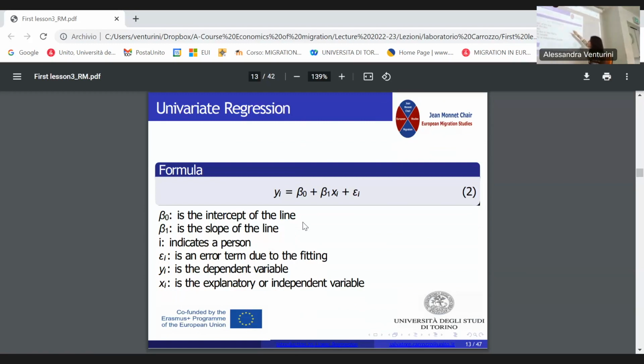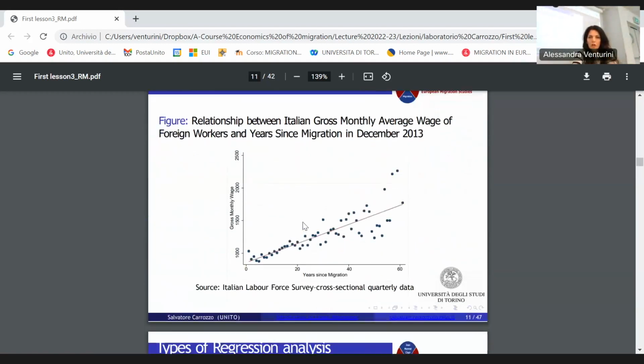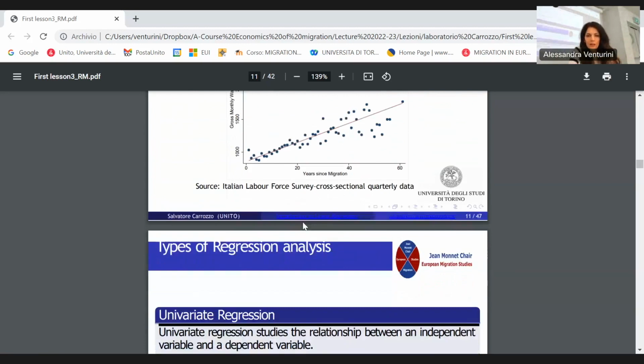So imagine, for instance, this is 0, but if it was starting here, imagine this is B0, so the intercept. The slope here is beta 1, the average distance, in the regression.